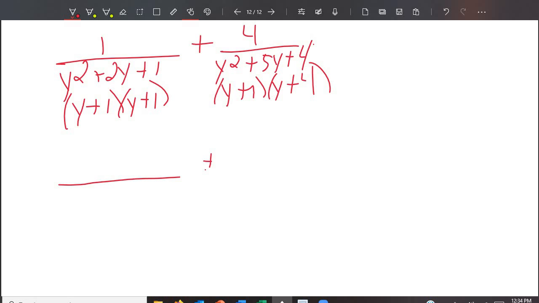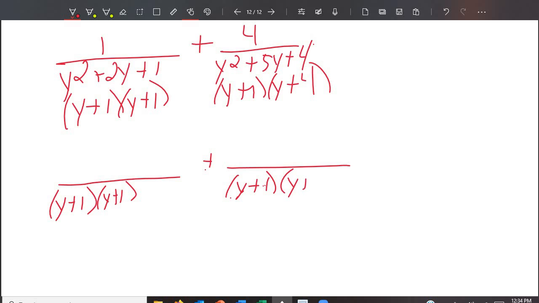Okay. Common denominator has to have what's in the first fraction. The second denominator, if there's something they're not sharing, we have to include it. Well, notice they're sharing a y plus 1.